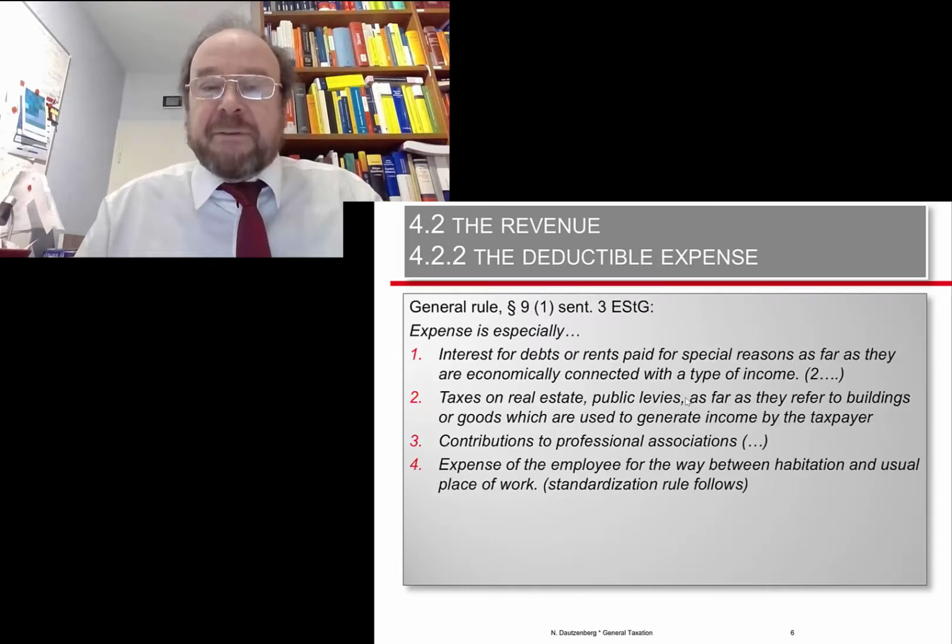Now let's look for the examples which the German law gives to clarify the situation and to underline that certain things are definitively also income-related expenses.